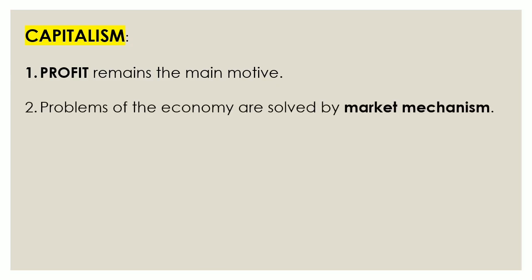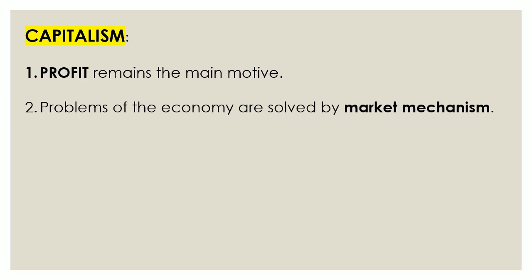Students, we shall learn about capitalism. It is that type of economic system in which the profit is the main motive and resources are owned privately. Now here profit remains the main motive in this type of economy. Problems of the economy are solved by market mechanism.